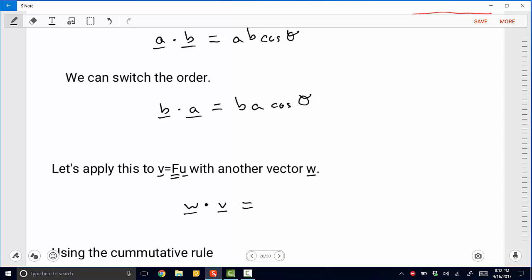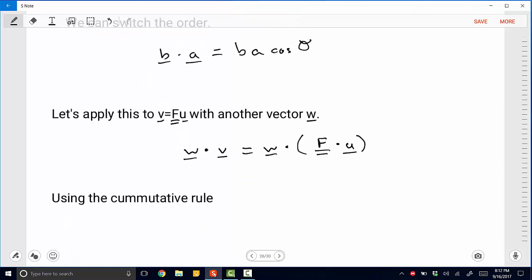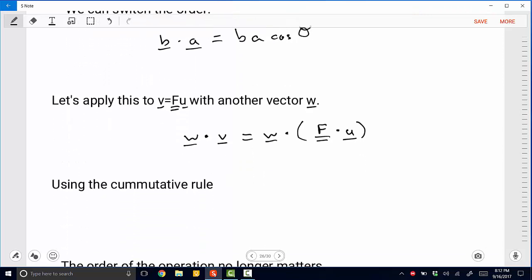Well, we'll result in the vector W dot product, the tensor F dot product, the vector U. And if we remember the commutative rule for vectors to vectors, remembering that this is a vector, we can switch the order if we wanted to.